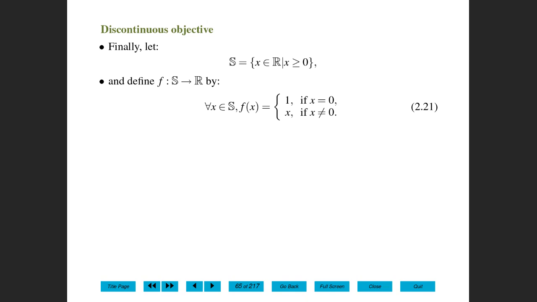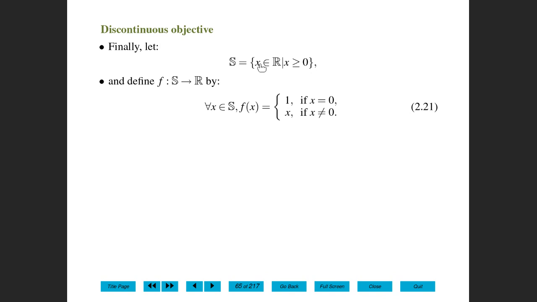So let's complete the examples, and this one is very interesting. Another one, we call this discontinuous objective. The objective is f of x, and discontinuous means that there is some kind of a gap. So how does the gap occur?